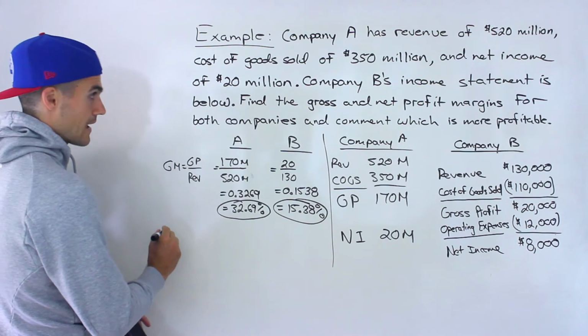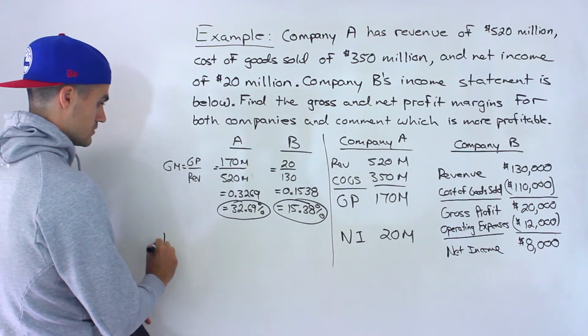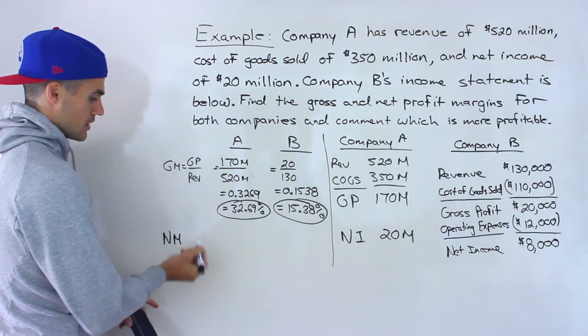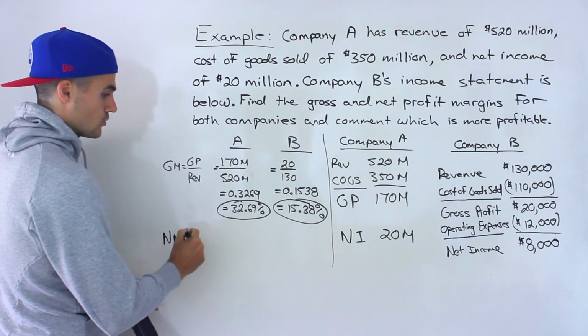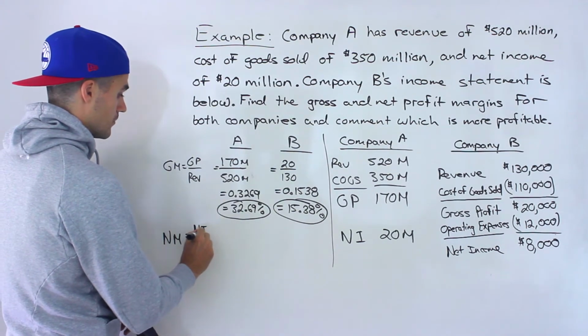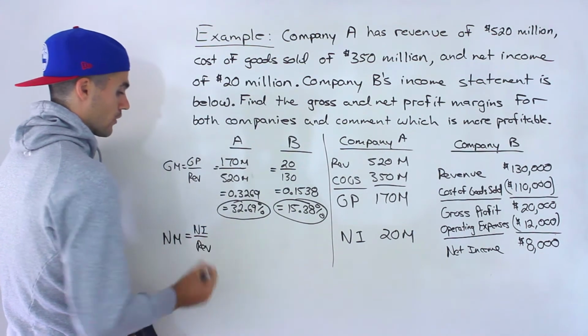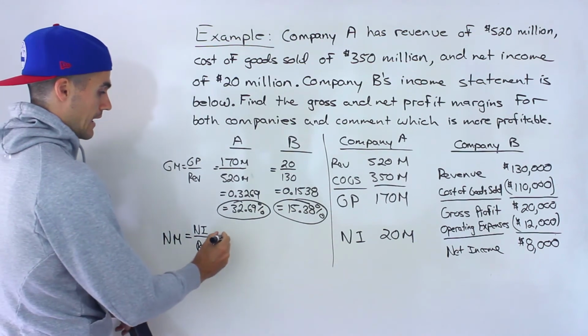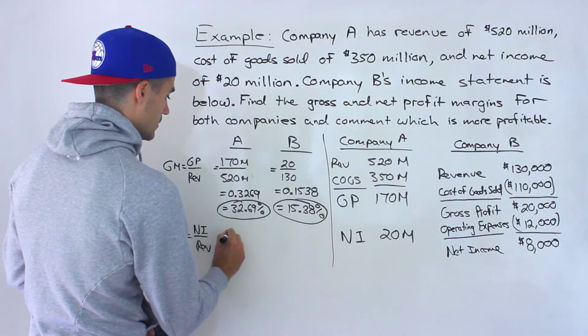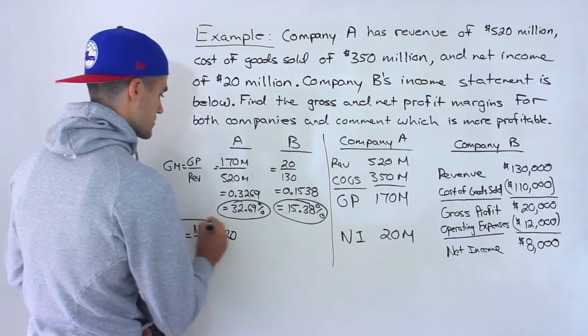Now the net profit margin, I'll symbolize as NM, the net margin. That's equal to the earnings over the revenue, or the net income over the revenue. And for company A, that's going to be 20 million. So let me actually split these up here.